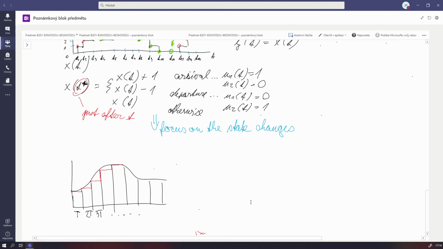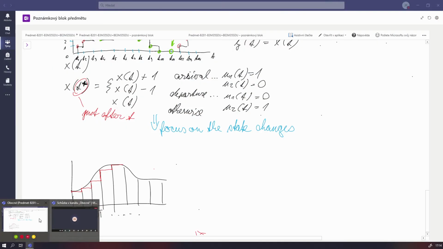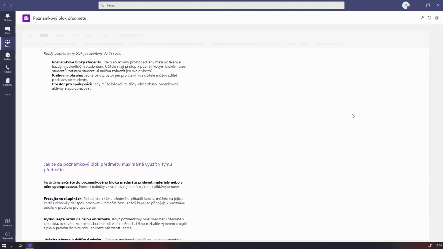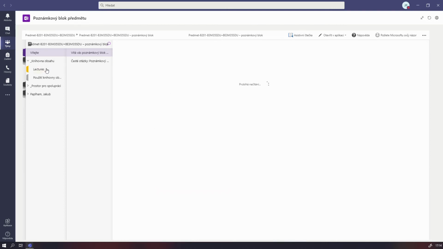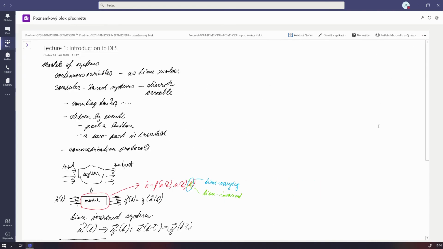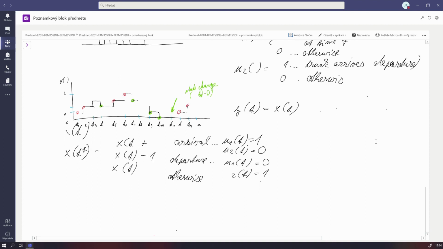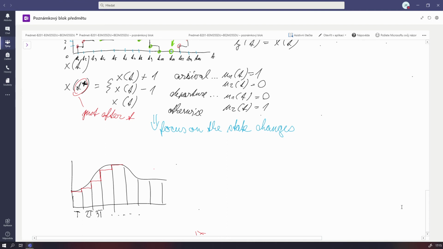In discrete state systems, we can also have time-driven behavior, which means that at every clock tick, an event is selected from the set of events, we can say executed, with every clock tick.